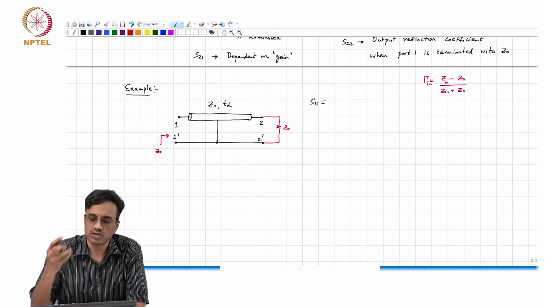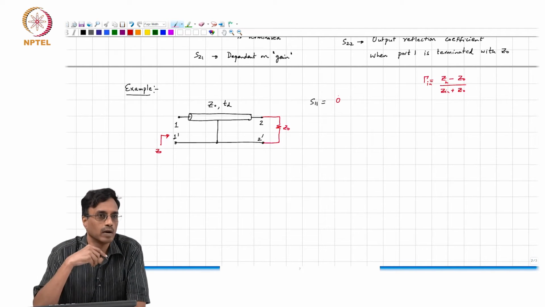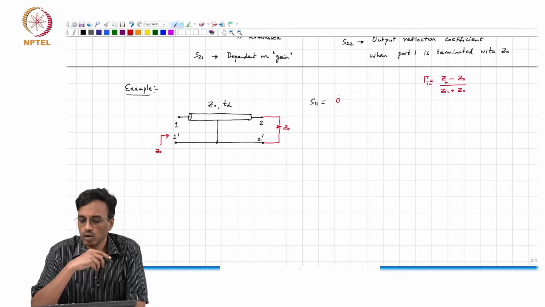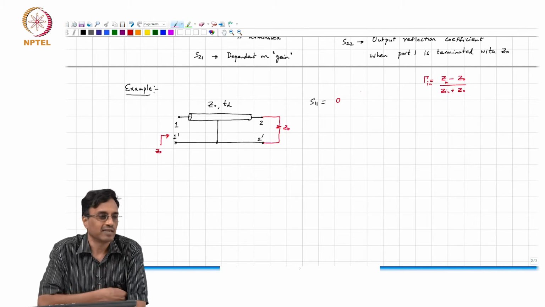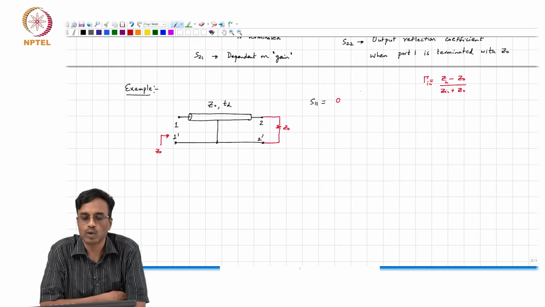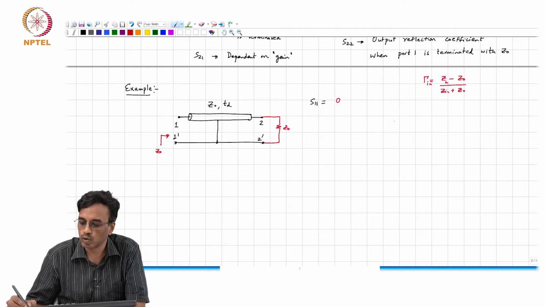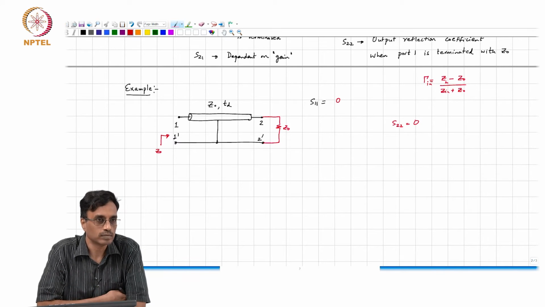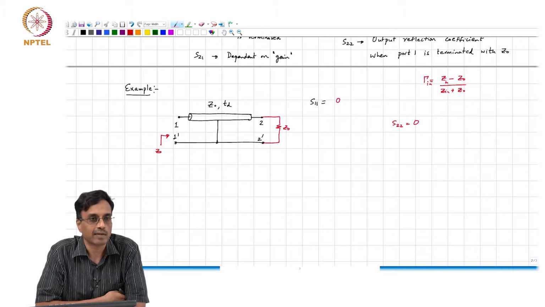It is 0, alright. Okay, and this is a symmetric 2 port. So, if S11 is 0, what comment can we make about S22? It is also 0, right.